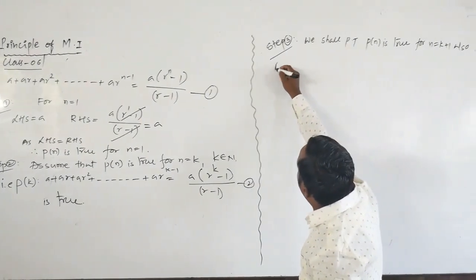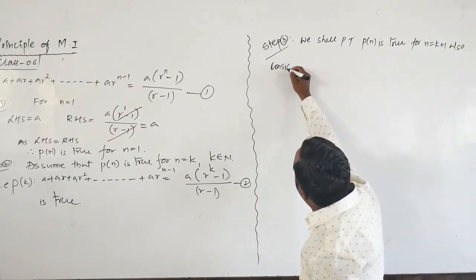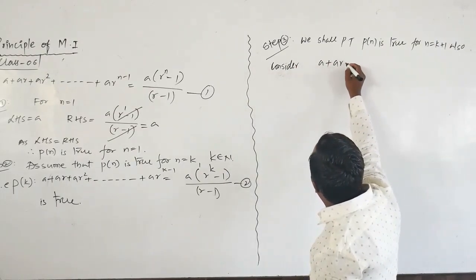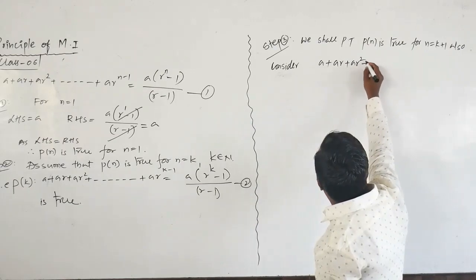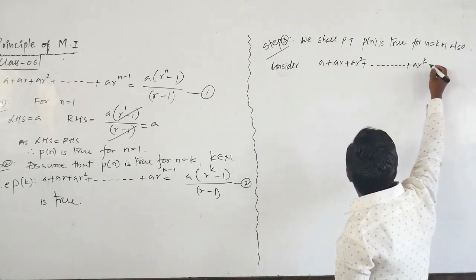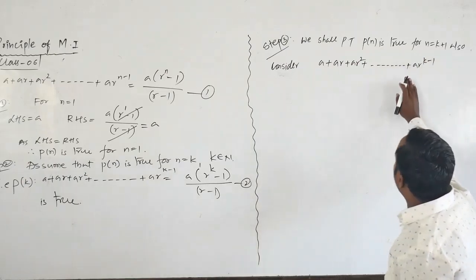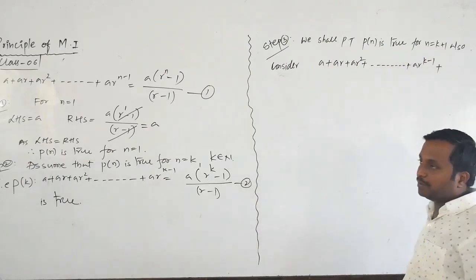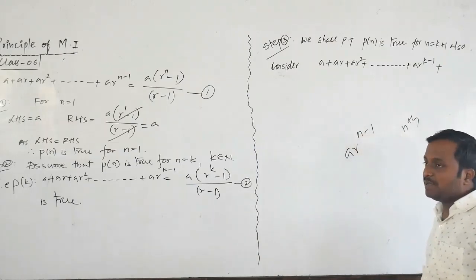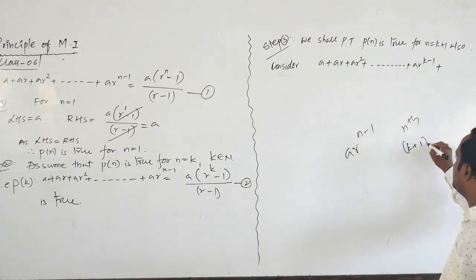That is, consider first term A, second term AR, third term AR square, AR cube, and so on, AR raised to k minus 1. This is the kth term. Here the next term is AR raised to n minus 1, the nth term. You may guess the k plus 1th term.